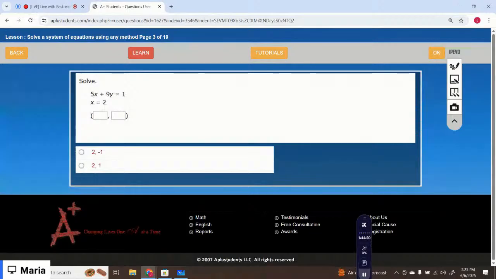5x plus 9y equals 1 and x equals 2. So variable x is already isolated and has the value x equals 2. So you can use the substitution method, right?